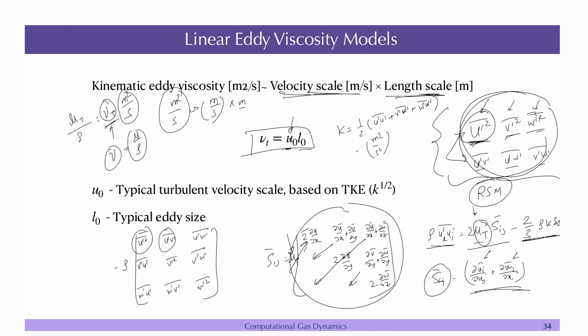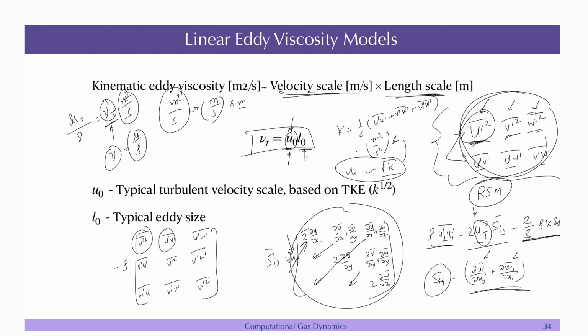So, I can take my velocity scale u 0 as the square root of k, because it is characterizing the turbulence, okay. And it will be helpful whenever you want to compare against the experimental data, because it is giving me the picture that the turbulence is there, and from the turbulence kinetic energy we are getting this velocity scale. Okay. Now, the question is how do you get the length scale, right.